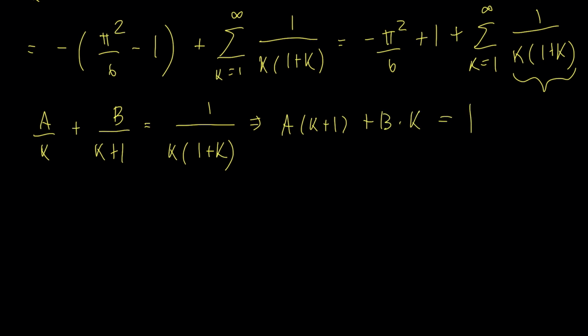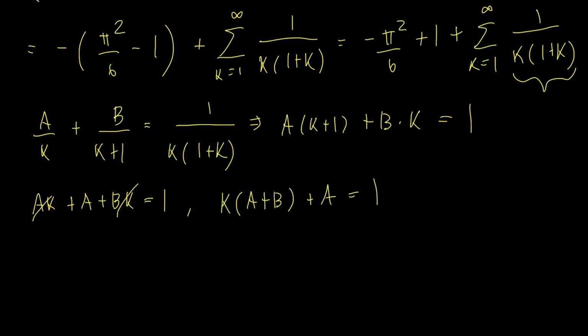And expanding that, we have ak plus a plus bk equals 1. So factoring out the k, we have k times a plus b, plus a is equal to 1. So this means that a plus b must be 0, and a must equal 1. But if a equals 1, that means that b plus 1 equals 0, which means that b equals negative 1.